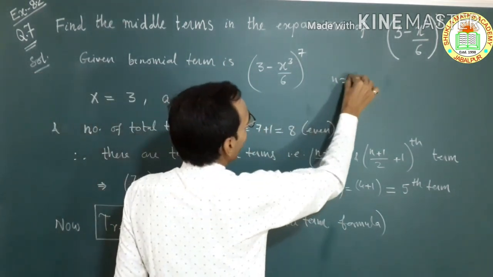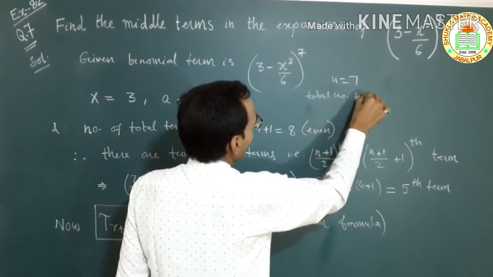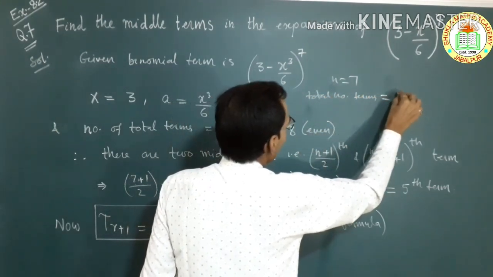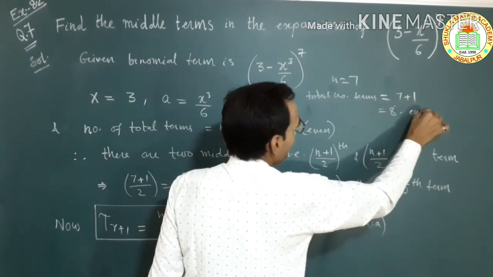Here n is 7, so the total number of terms must be 7 + 1, that is n + 1, so 8, and 8 is even.